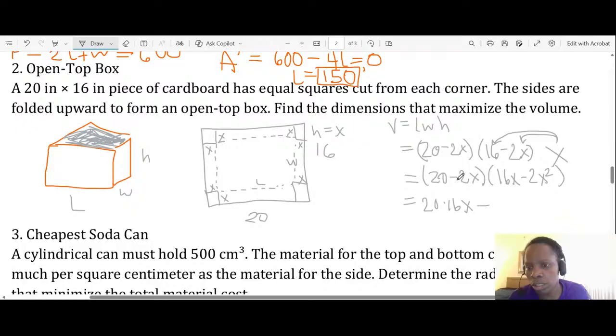Minus, we're going to do the insides, which is 32 x squared. And then the outsides is going to be a minus 40 x squared. And then the last is going to be a positive 4x cubed.